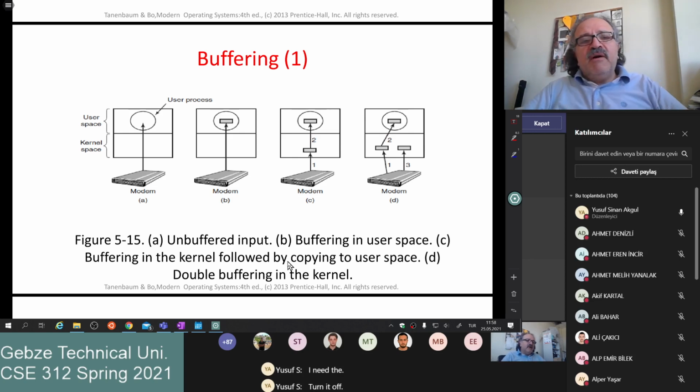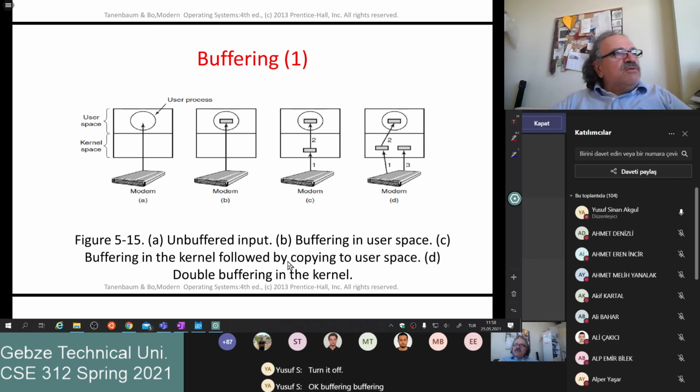Okay, buffering is a technique that is used a lot in I/O operations. Let's see why we would need buffering.